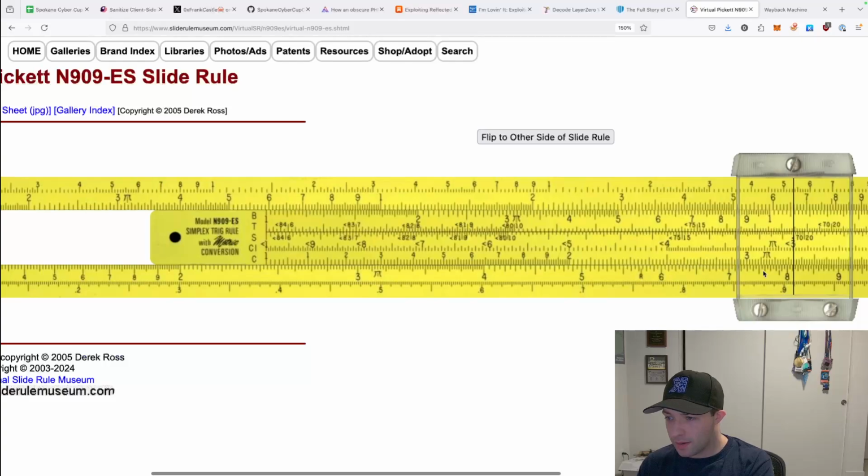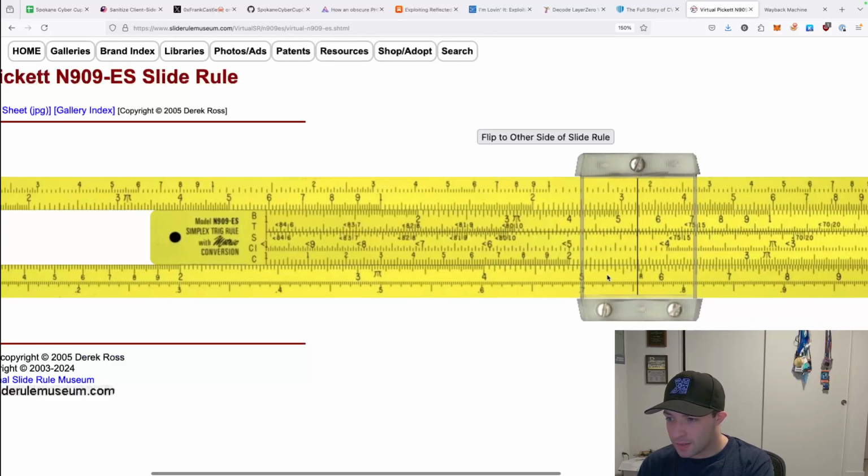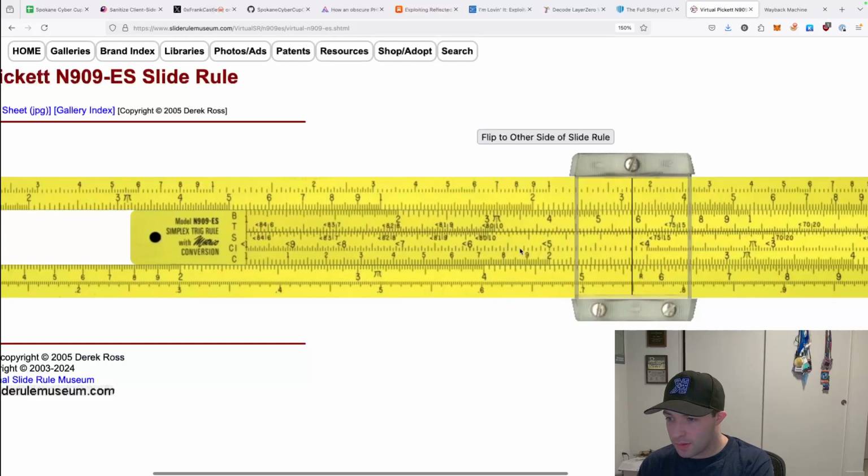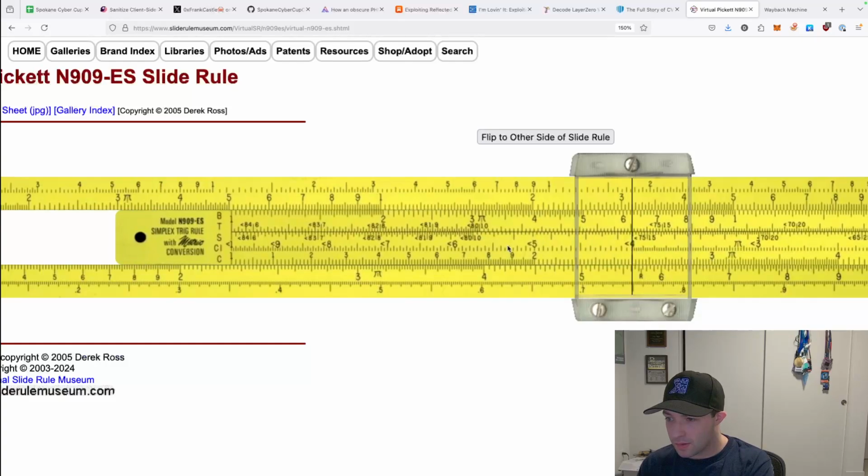So we're going to line up the 2.6 on the 5.6. And now if we go over here, we'll see that it's about 2. Sorry, we have to consider all of the decimals and stuff here.